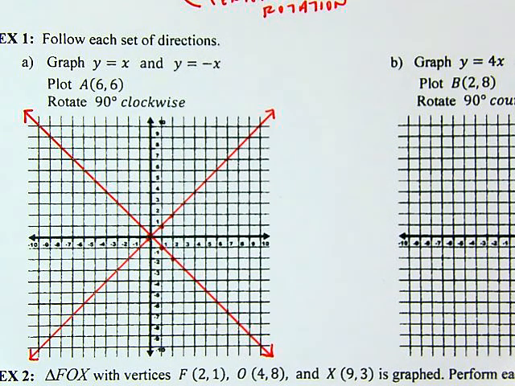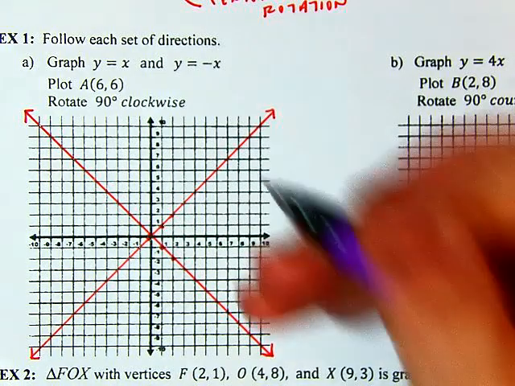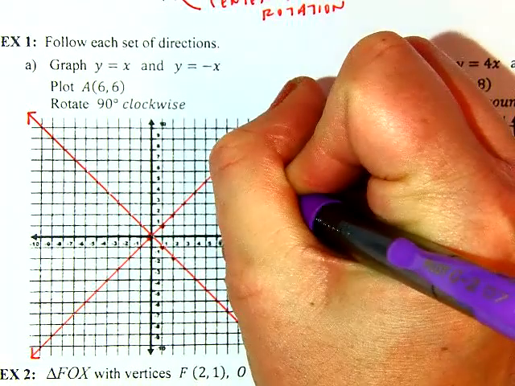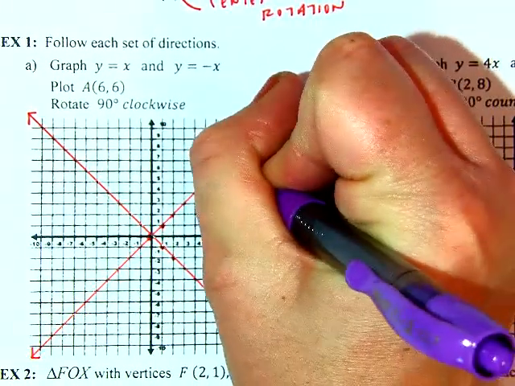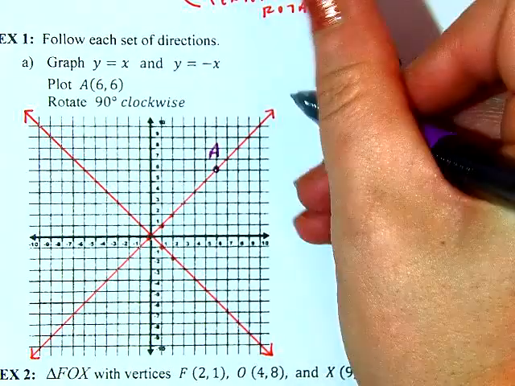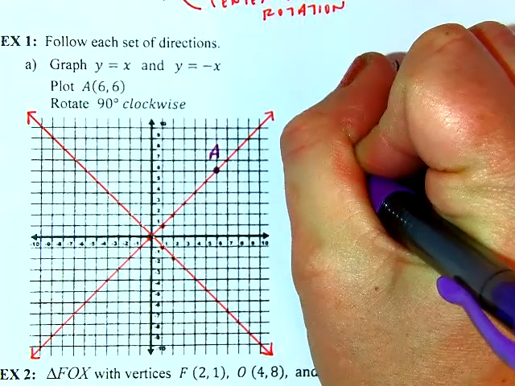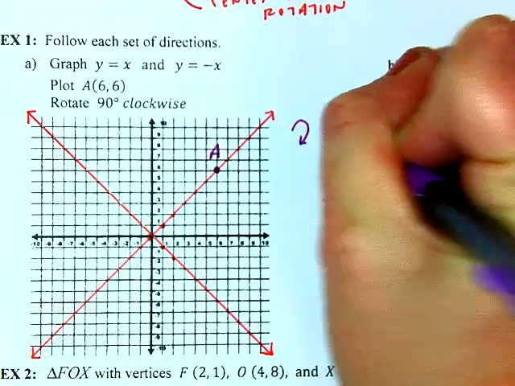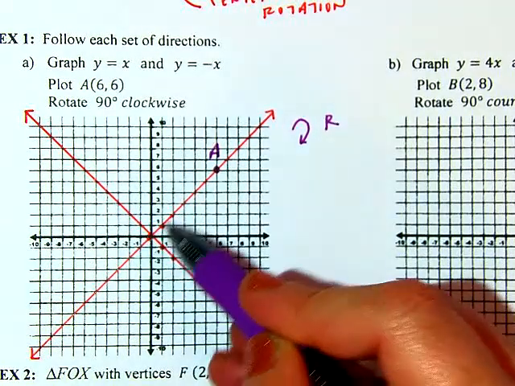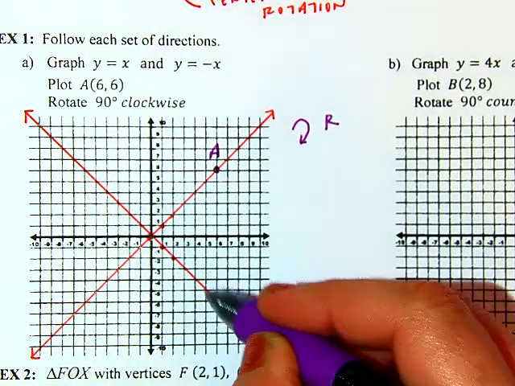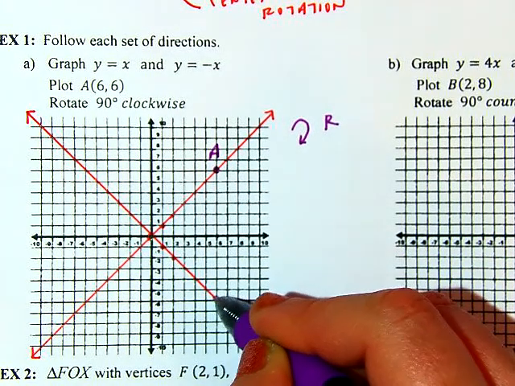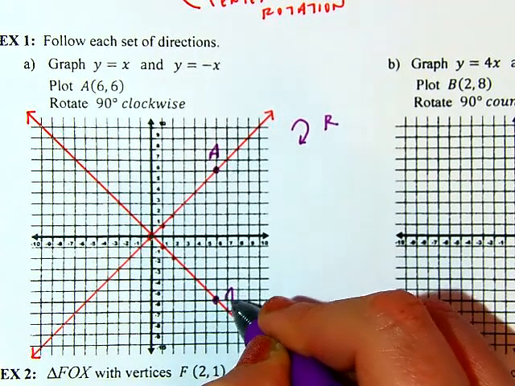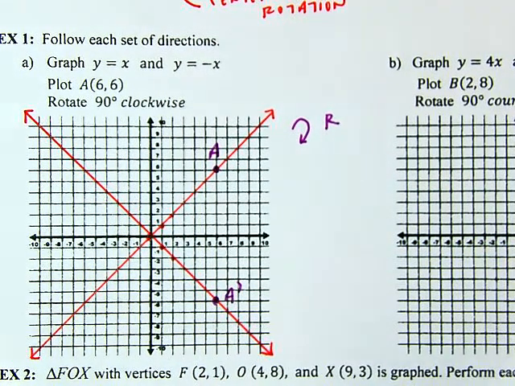So here I'm saying first, let's do 90 degrees clockwise. We start with a point that's at (6, 6), so right here. If I'm going clockwise, I'm going with the clock. So I'm going to the right. So this point here would swing into this position right here. Here would be A prime.